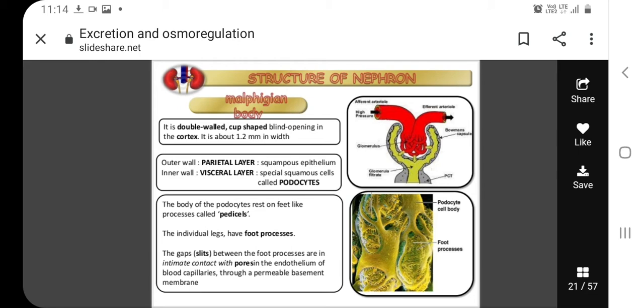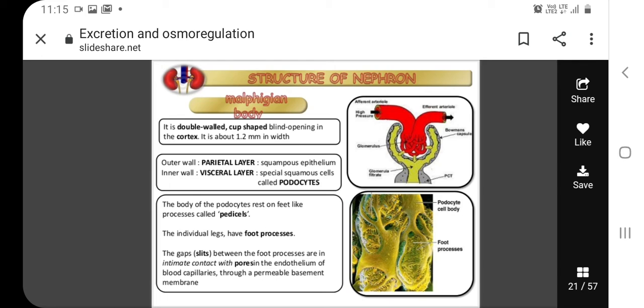The cortical nephron is also supplied with the peritubular capillary network, which surrounds the proximal convoluted tubule of the nephron as well as the distal convoluted tubule of the nephron.